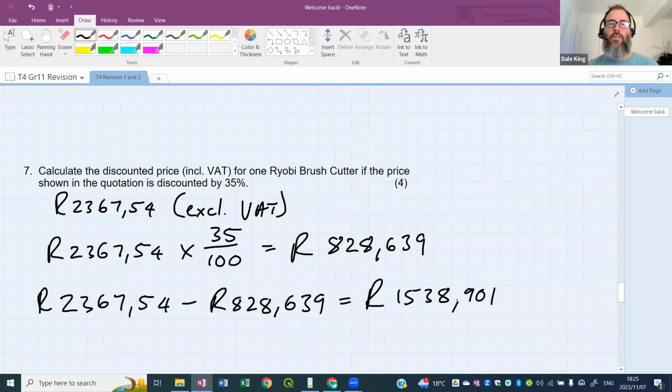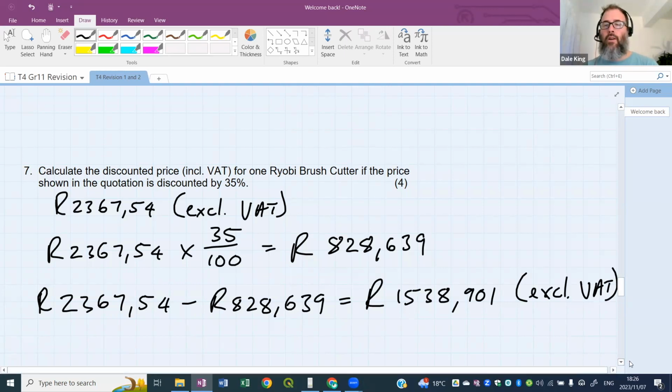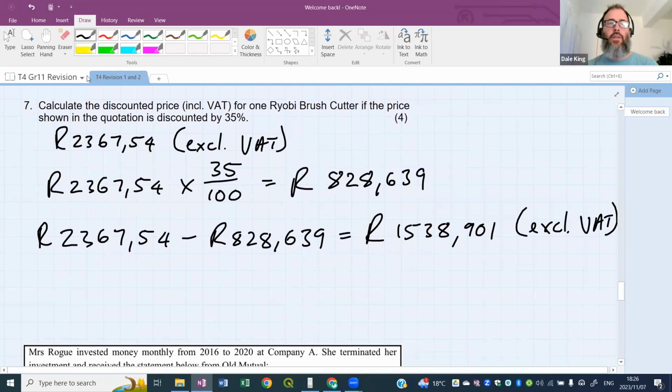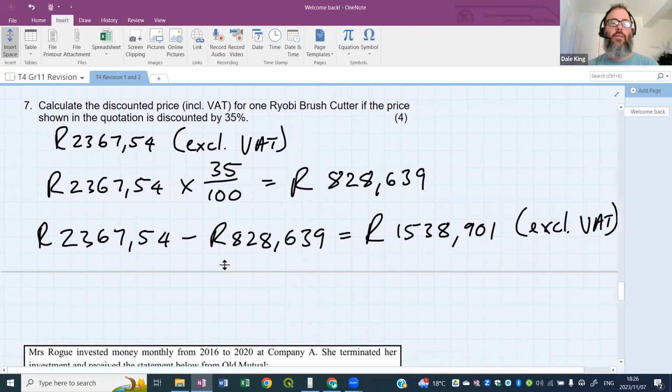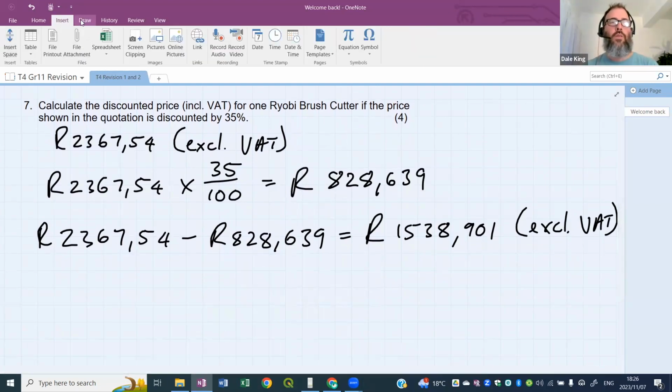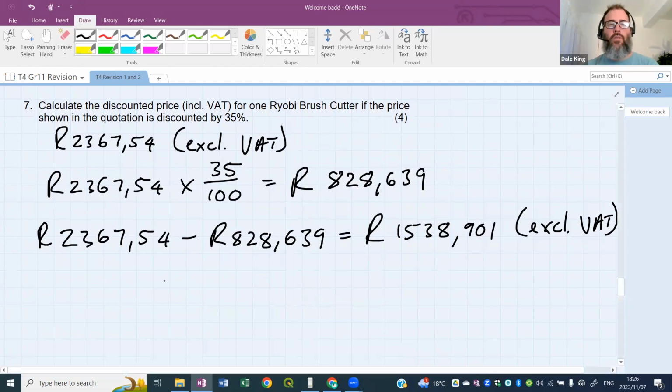So we've taken the discount, which is 35% of the price. We've worked it out and we've removed it. This is the reduced price, but this price is still excluding VAT. So the last step we have to do now is to add VAT on. I'm going to do both ways because I know you guys like the two-step method. So I'll do it here on the left-hand side.